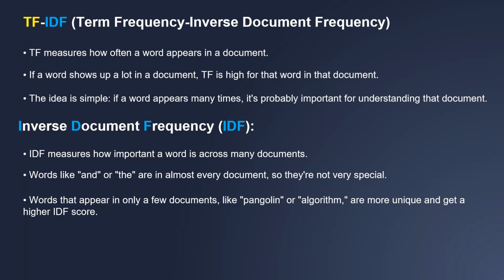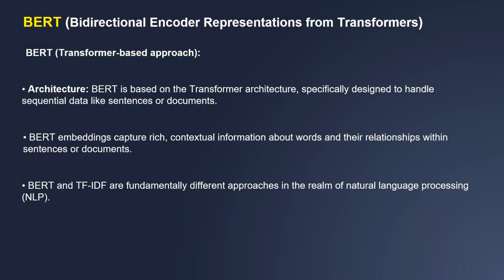And the second technique we will use is BERT, Bidirectional Encoder Representations from Transformers. BERT is a transformer-based model designed by Google. BERT is used for various NLP tasks such as question answering, semantic analysis, and named entity recognition, and more, where understanding the context of a word is very crucial.